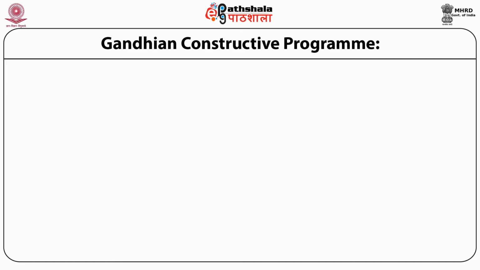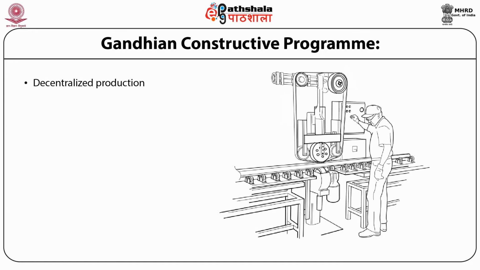Coming to the issues, how Gandhiji wanted to achieve this. He had a great idea of basic principles of Gandhian economy, and the first one included decentralized production. So, this was the point of contention between the first Prime Minister Pandit Jawaharlal Nehru and Mahatma Gandhiji. Pandit Jawaharlal Nehru was for mass production, but Mahatma Gandhiji was for production by masses.